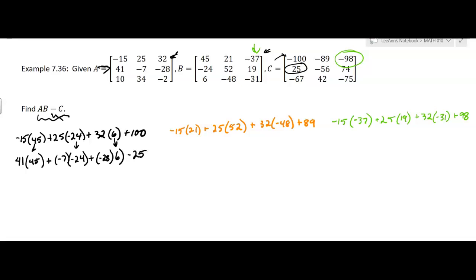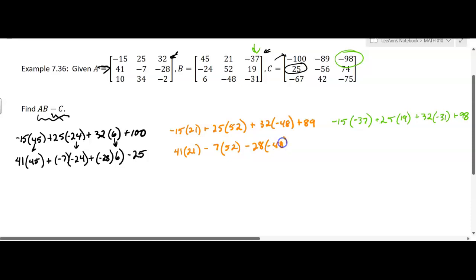Now we'll do the middle one. So we're going to have the 41 times 21 minus 7 times 52 minus 28 times negative 48. I got lost. Okay, now we're in the second row, so it's minus a negative 56, or plus 56.